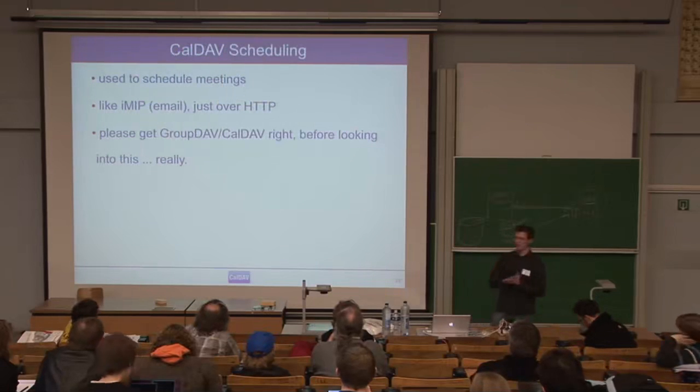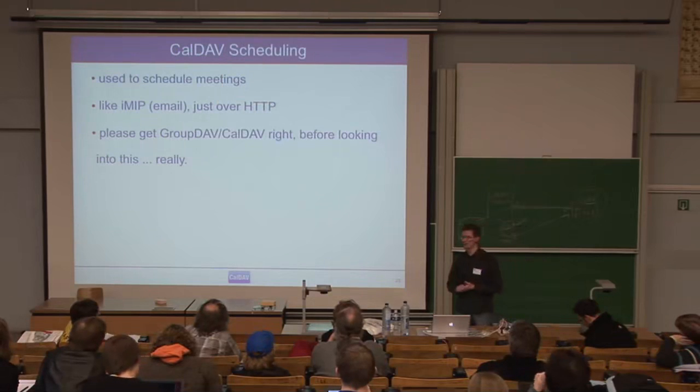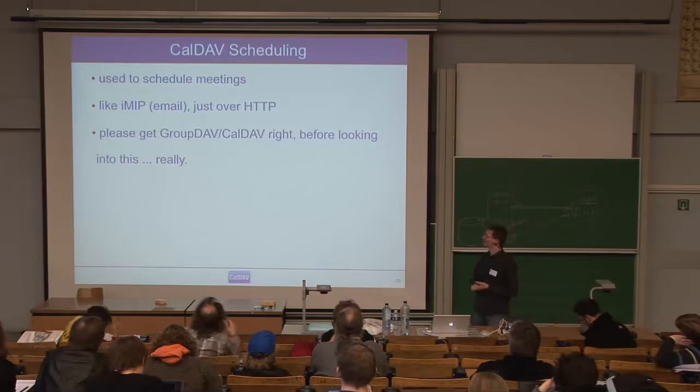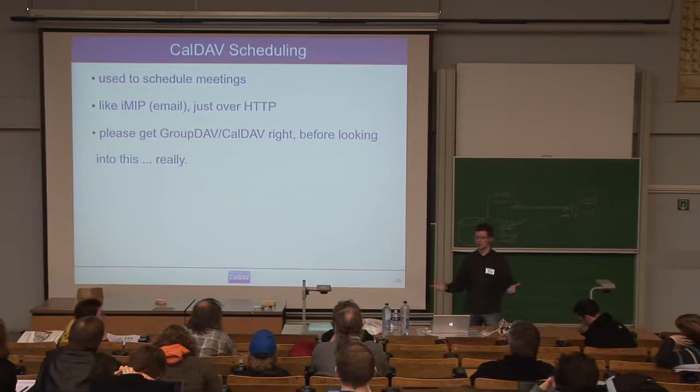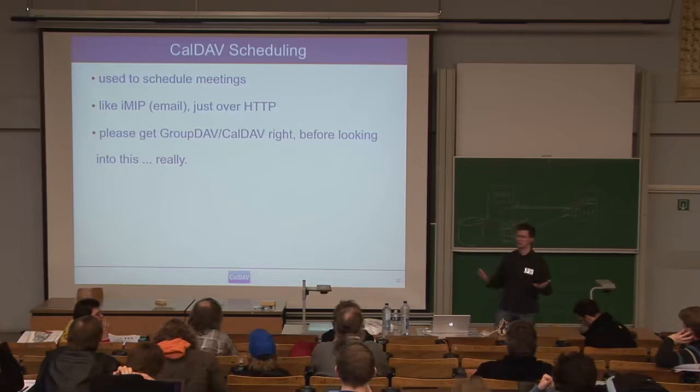On top of CalDAV, the committee added another specification, which is CalDAV scheduling. That's basically the same as iMIP, which is used to exchange invitations. For example, if I'm a user and I want to invite another user to a meeting, my mail client like Evolution and Contact, almost anyone supports that.